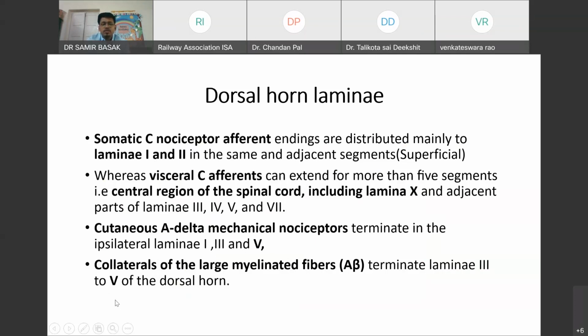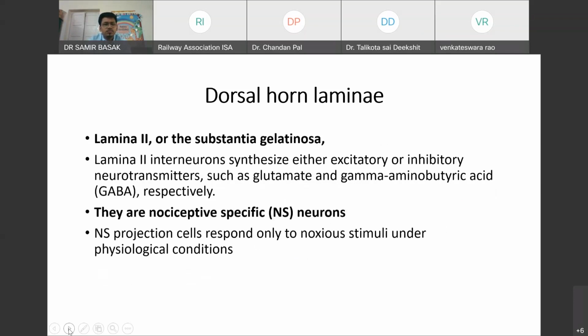So lamina 5 is important for modulation, for the gate control theory, where A beta and A delta both terminate. Here the gate control theory works, or neuromodulation, a huge chapter in the syllabus and practice, dependent on the lamina 5 wide dynamic range neuron. Then lamina 2, the substantia gelatinosa, mainly has two types of neuron: one inhibitory and the other excitatory.